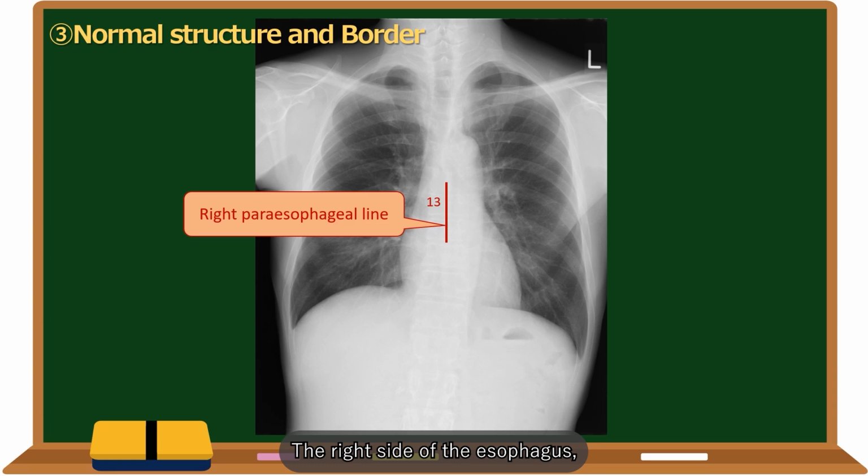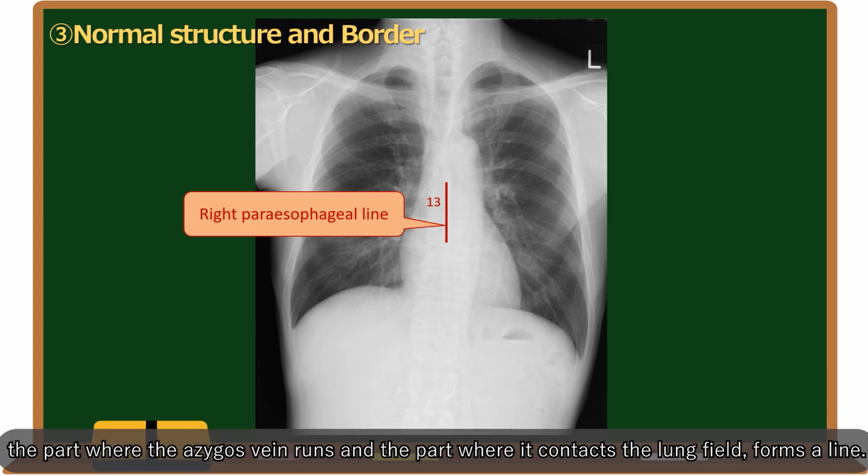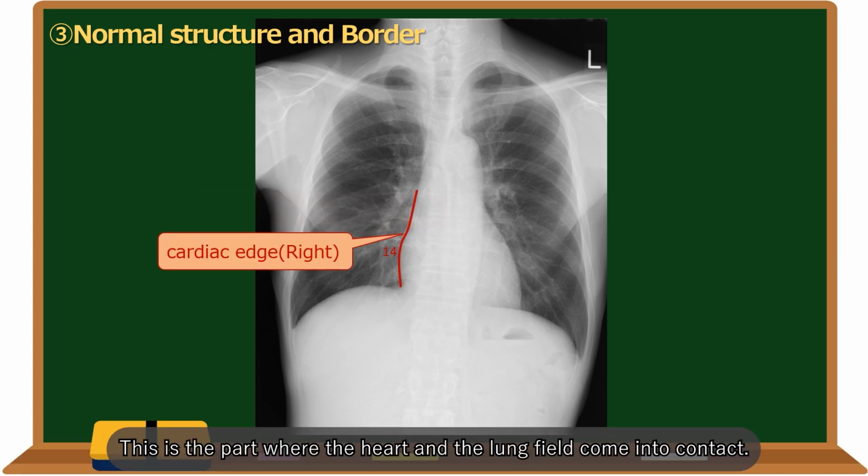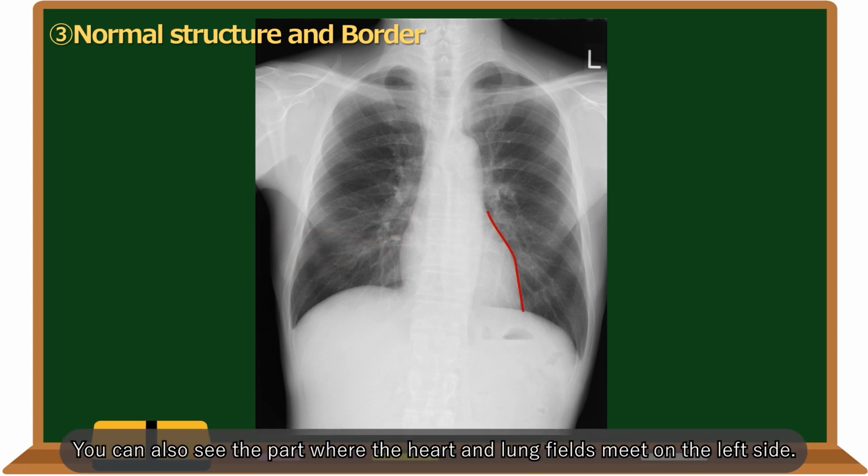The right side of the esophagus. That is, the part where the azygous vein runs and the part where it contacts the lung field forms a line. This is the part where the heart and the lung field come into contact. You can also see the part where the heart and the lung fields meet on the left side.